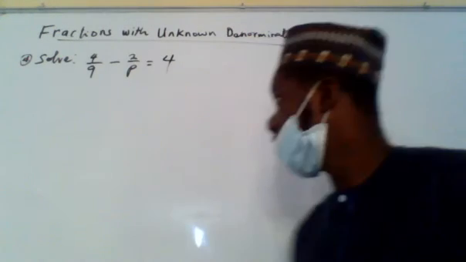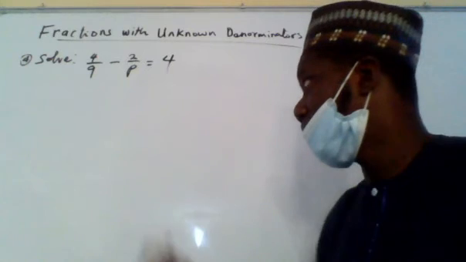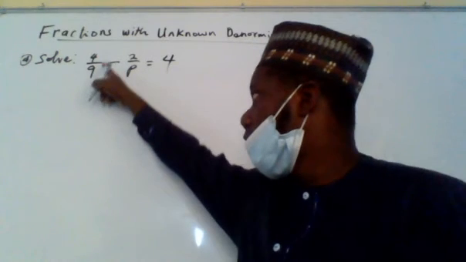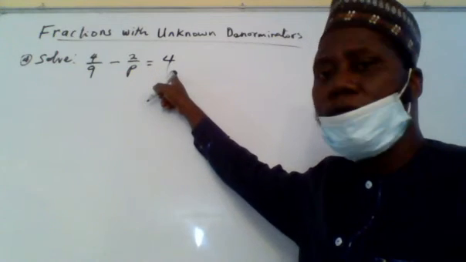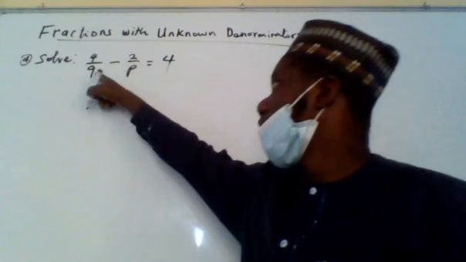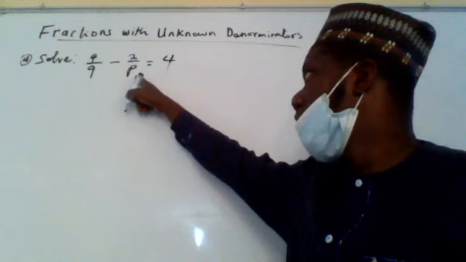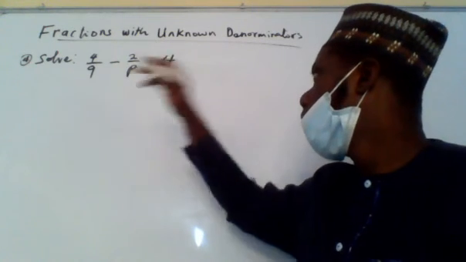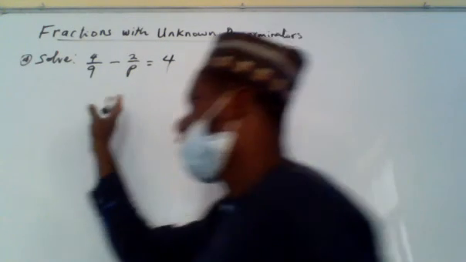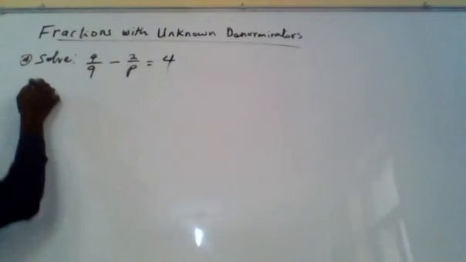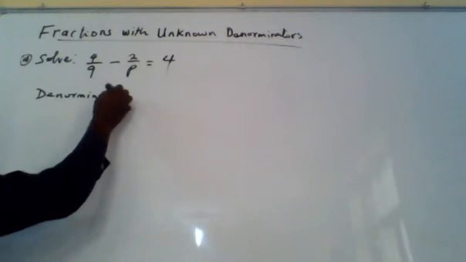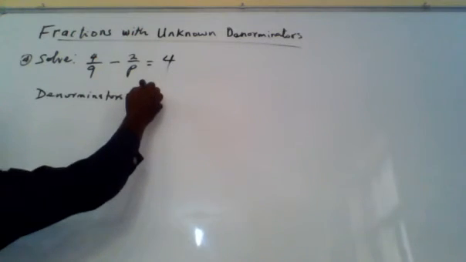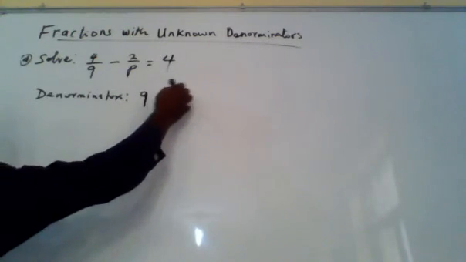All right, this is the last example we're going to be looking at today. We have 4 over 9 minus 2 over p equals 4. So we are going to look for the denominators. Denominators are 9 and p.